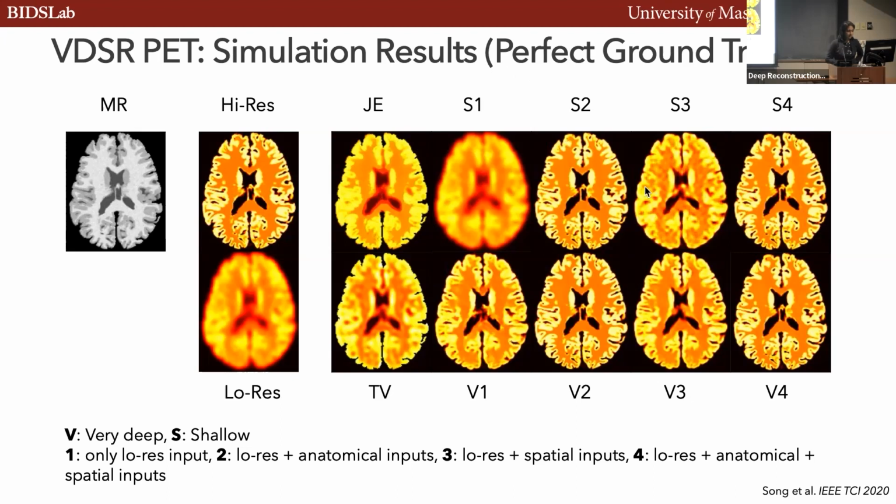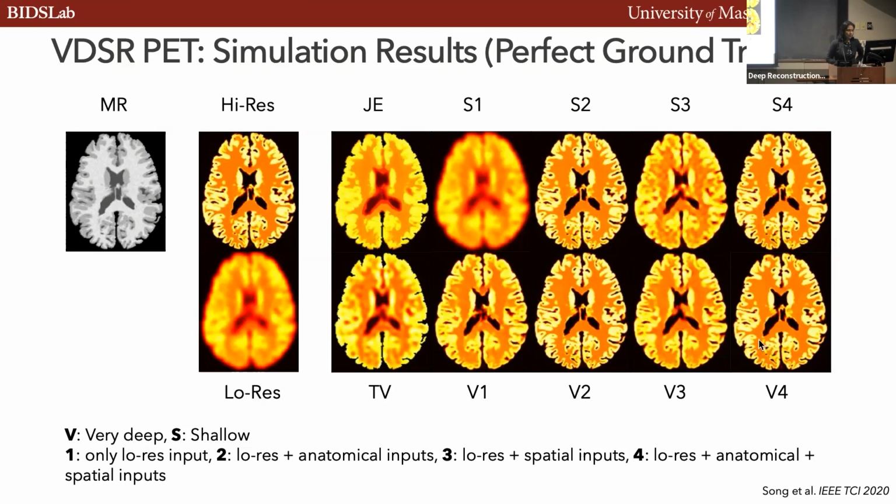And we looked at a lot of different comparisons at that point, how very deep networks are different from shallow networks, how different combinations of inputs, including spatial inputs, which are basically looking at the radial and axial coordinates of each pixel in the input image, given the fact that spatial resolution for PET is spatially variable.